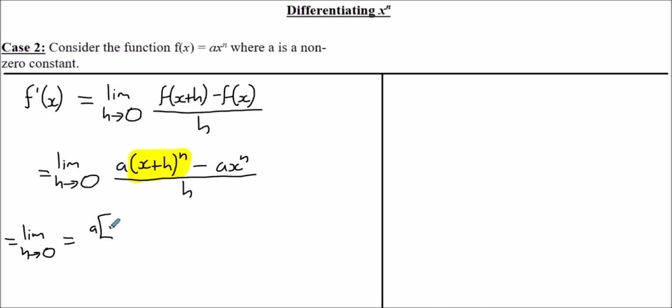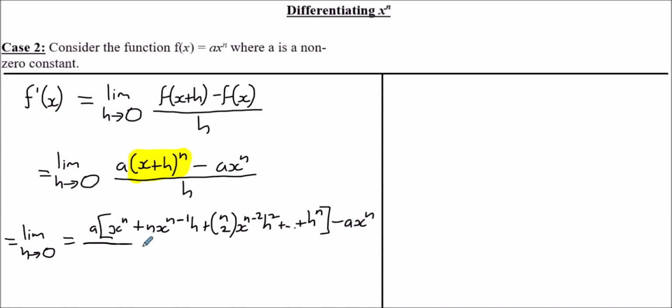So it's going to be x to the power n plus n x to the n minus 1 h plus n choose 2, x to the power n minus 2 h squared plus dot dot dot all the way up to h to the power n, and all of this minus a x to the n, and all of this is going to be divided as ever by h.